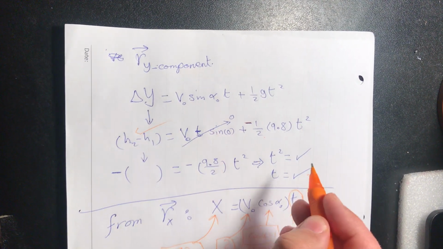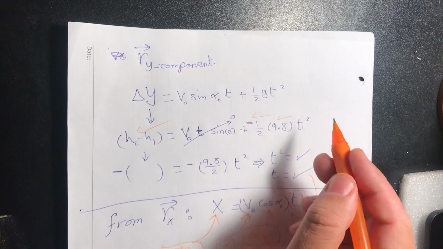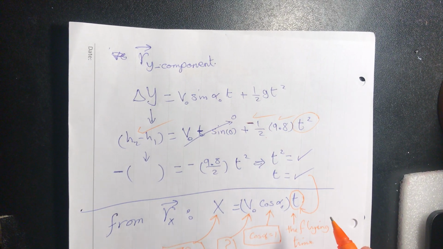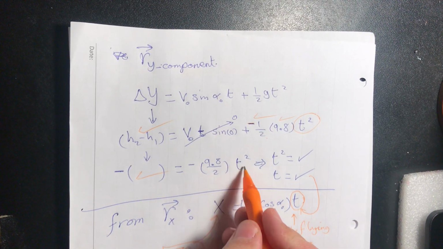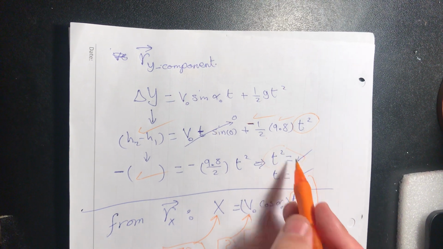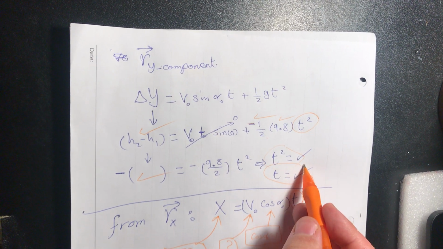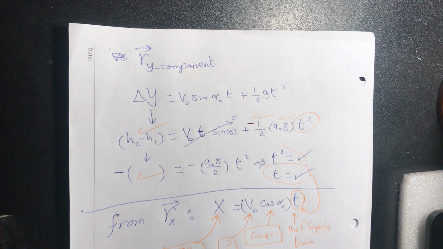This number is known, so we can find t squared, then we can find t. Now this is the first step.